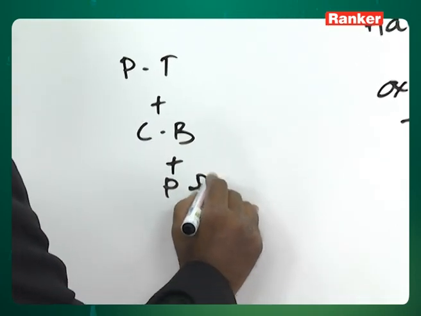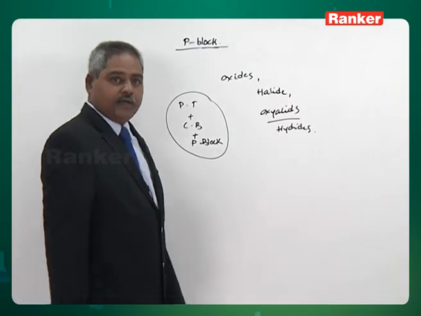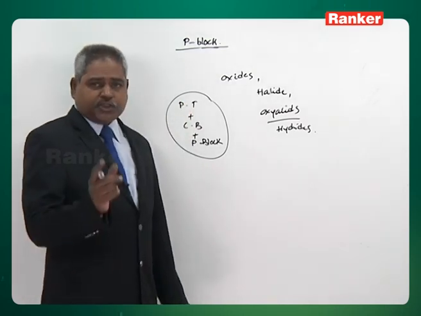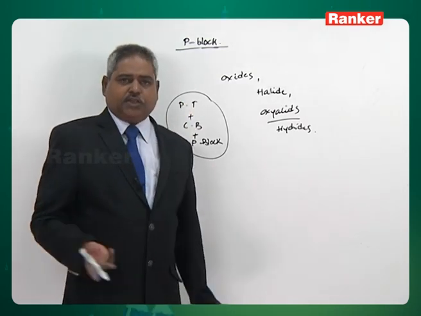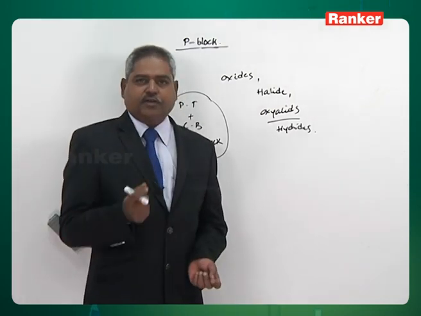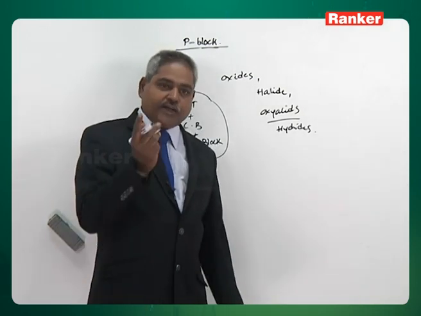Inorganic chemistry is strictly periodic table plus chemical bond plus p block. In chemical bonding, we don't discuss much on ionic bond because there's not much to discuss. Ionic bond is electrostatic attraction, and electrostatic attraction is only one type.